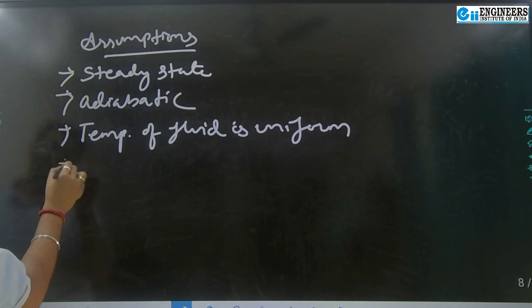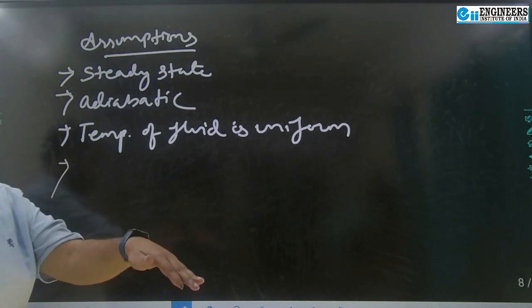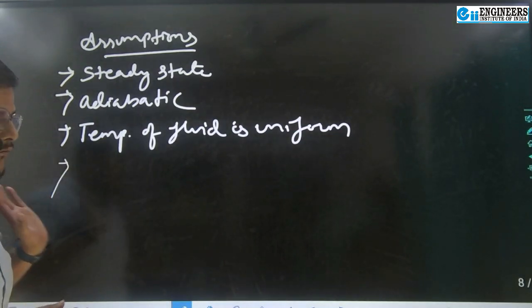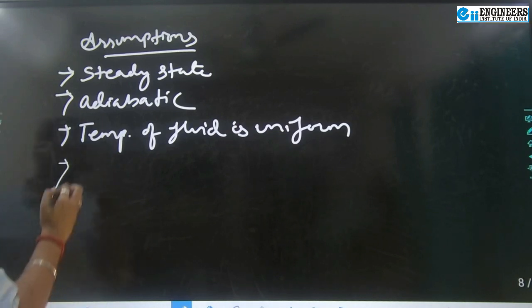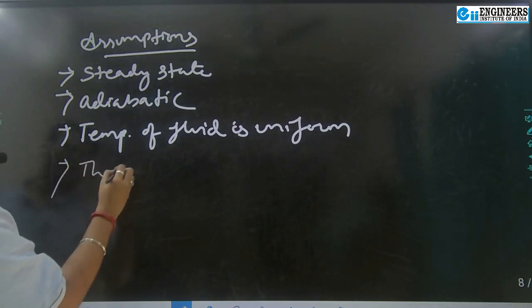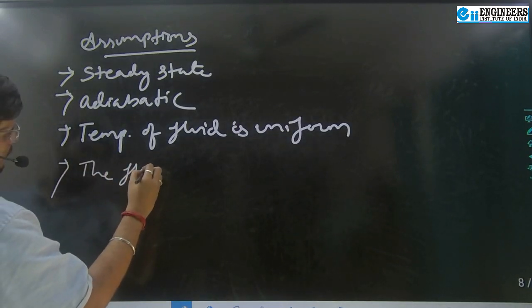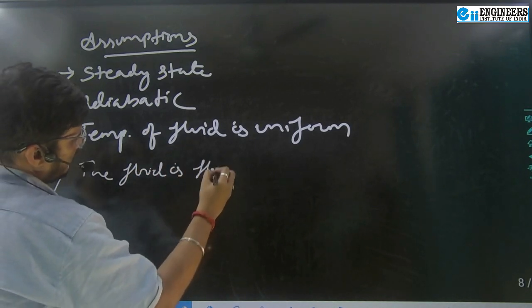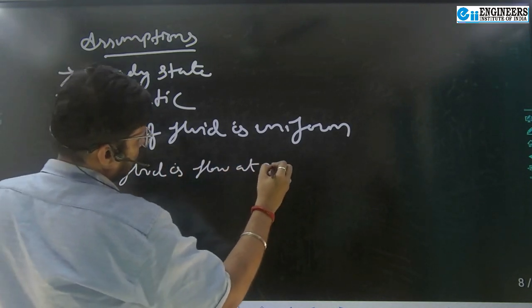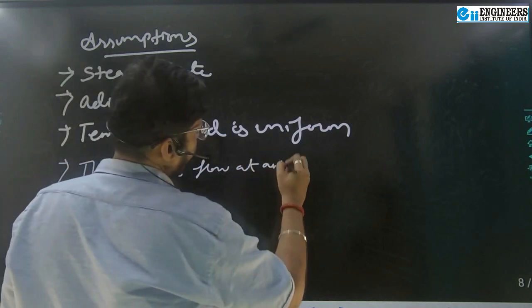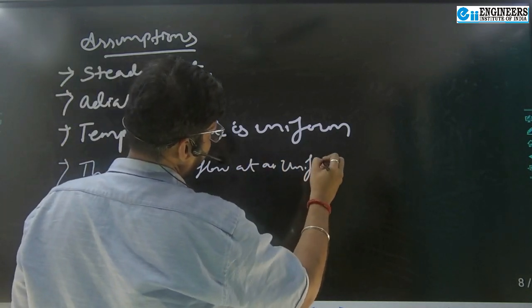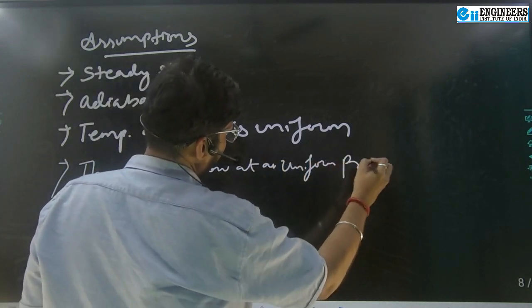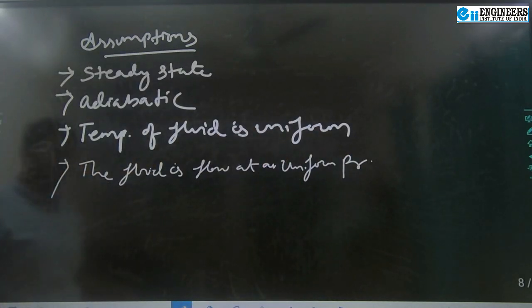Next, the fluid is flowing through a pipe. That means there will be some pressure, and we will assume the fluid is flowing at a uniform pressure.